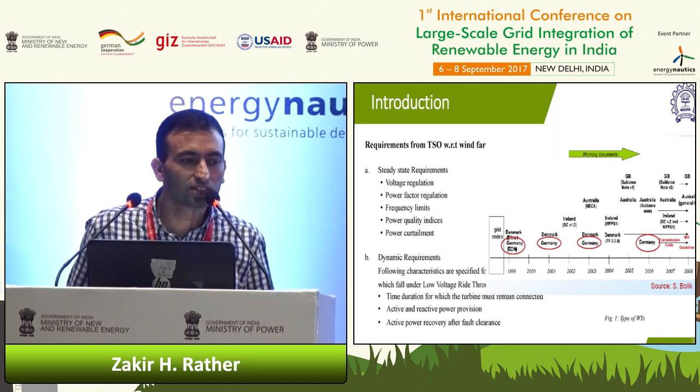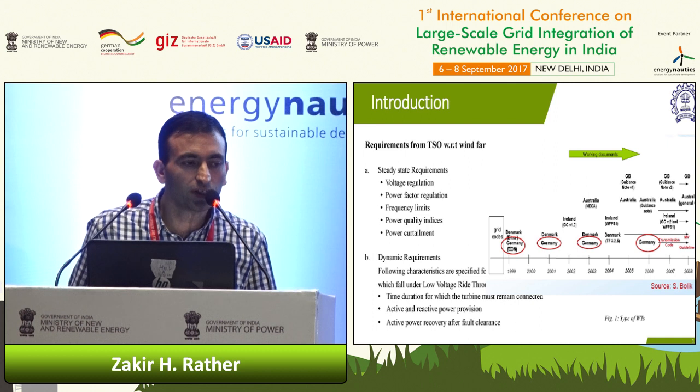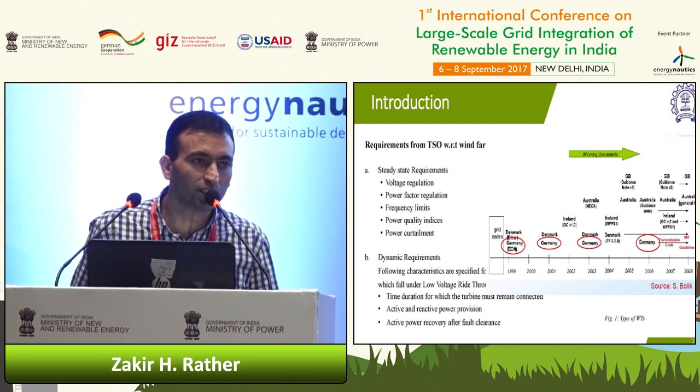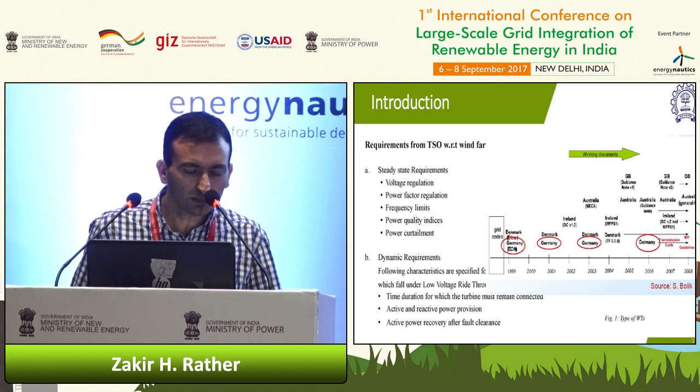But as system operators over the years realized that the level of penetration of wind or solar is getting more, we cannot allow simple on and off operation, because that can lead to a significant outage of generation in the system and may lead to some stability issues in the grid.